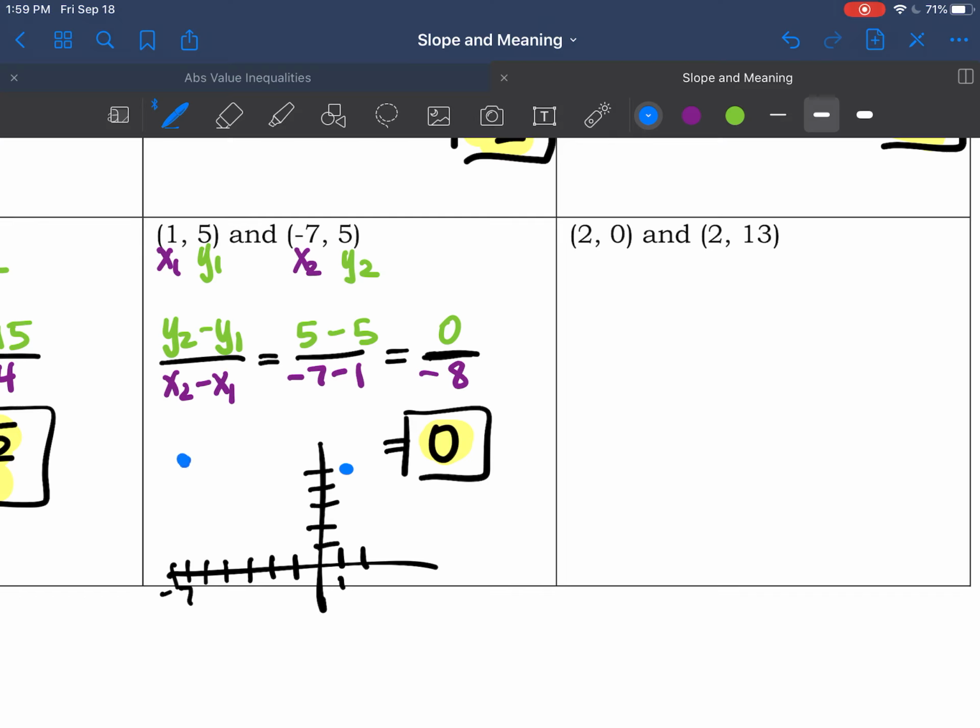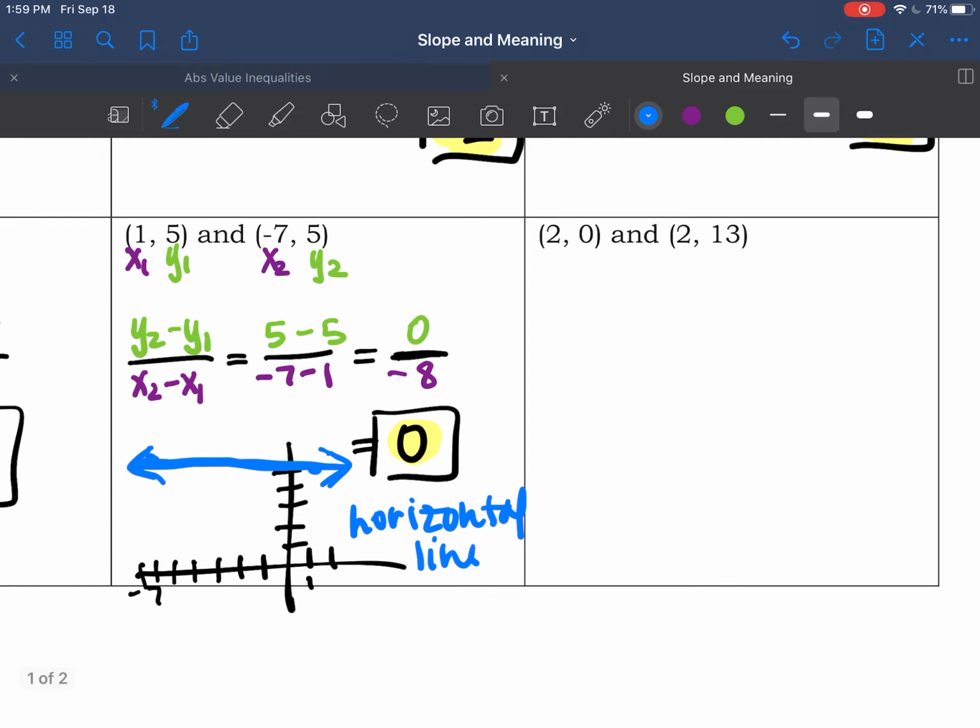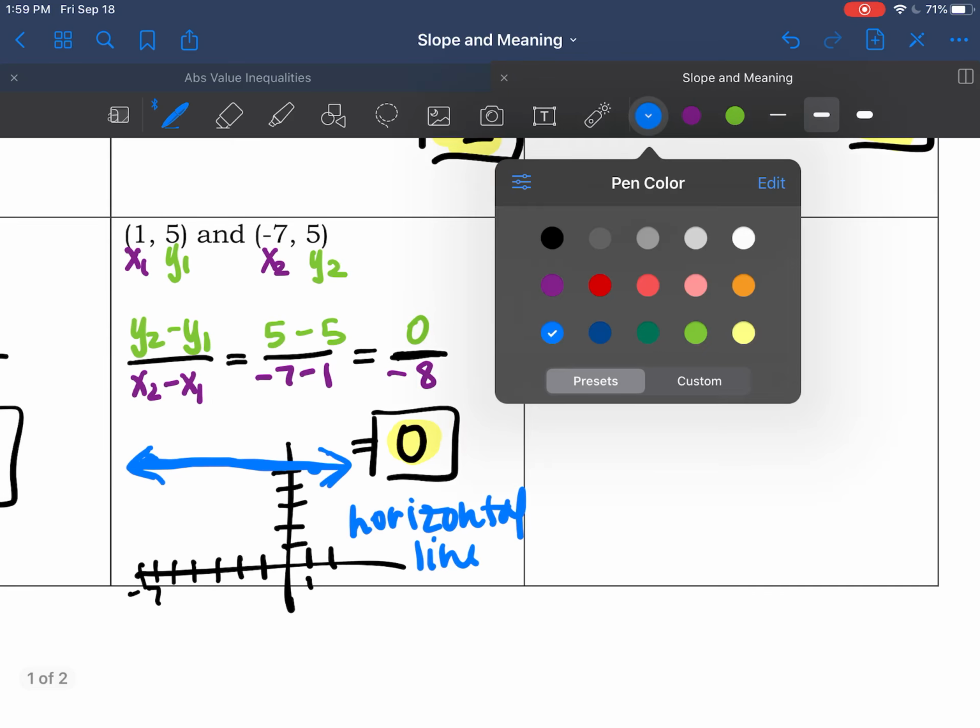The second point, negative 7, 5, would be over here. And so since they have the same y values, they graph a horizontal line. And any horizontal line on a graph is going to have a slope of 0. The rise is 0. You didn't rise at all, you're just running. So rise over run is 0.